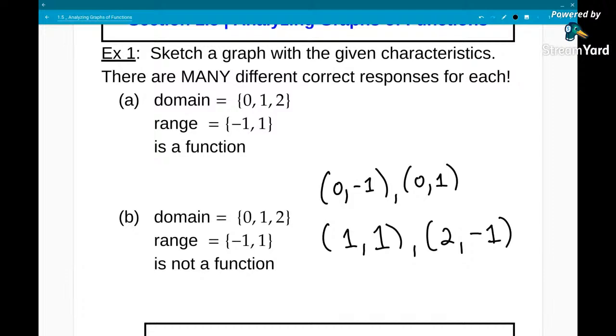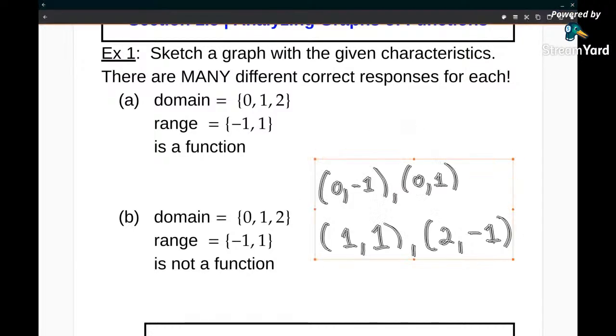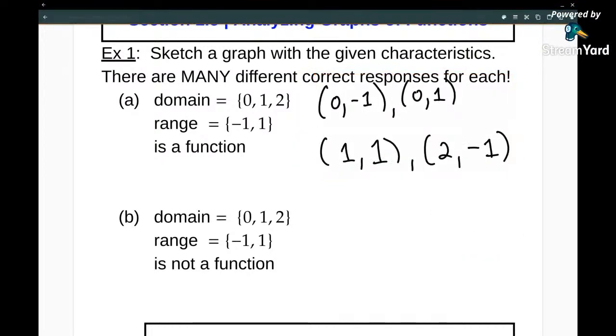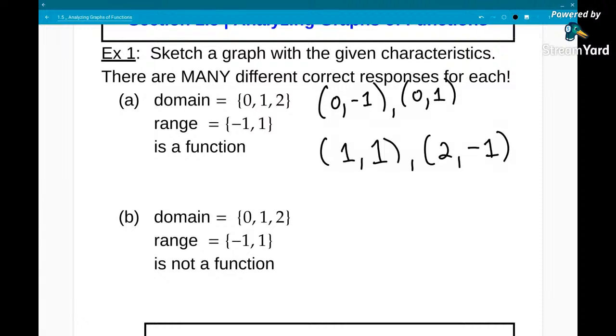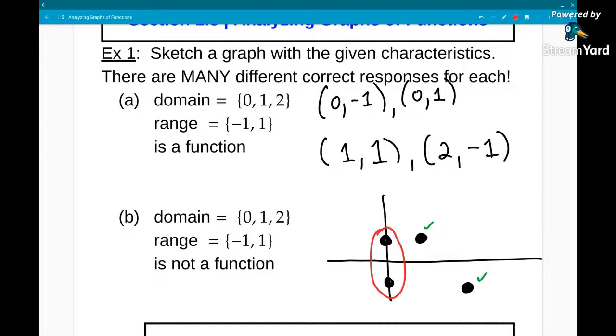Now when I graph these, 0, -1, about right there. 0, 1, about right there. 1, 1, and 2, -1. Remember, those weren't an issue. These were fine. Right. The issue lies right here. 0 has 2 different outputs. So we can see that.